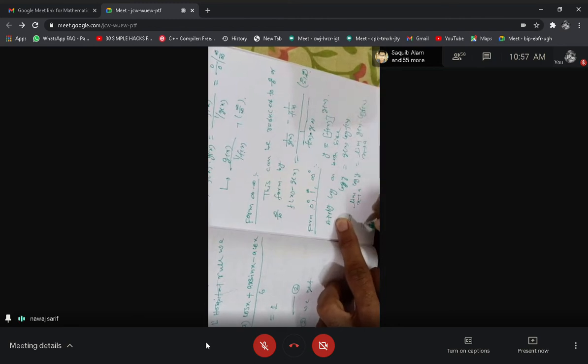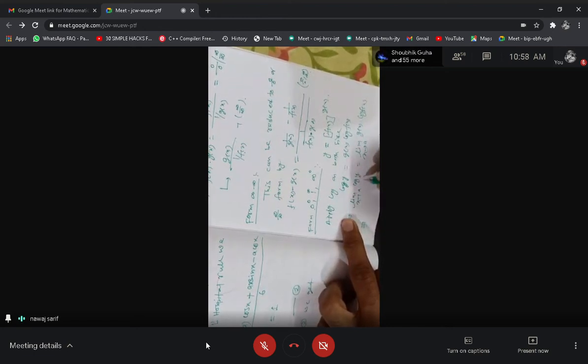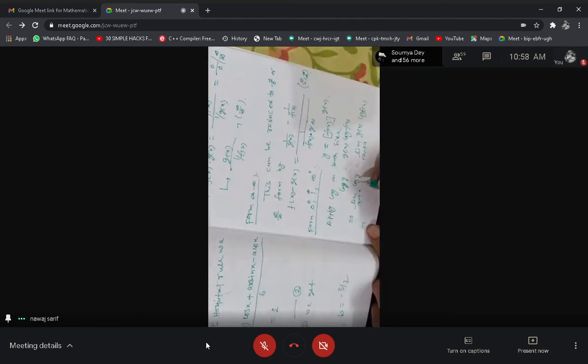Okay, now what is the limit of this one? The limit of log y is the same as log of the limit of y. That means if you apply exponential on both sides, then what will happen?